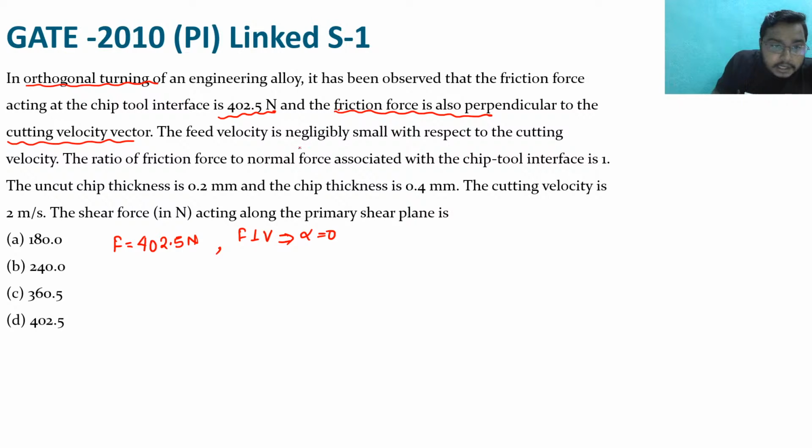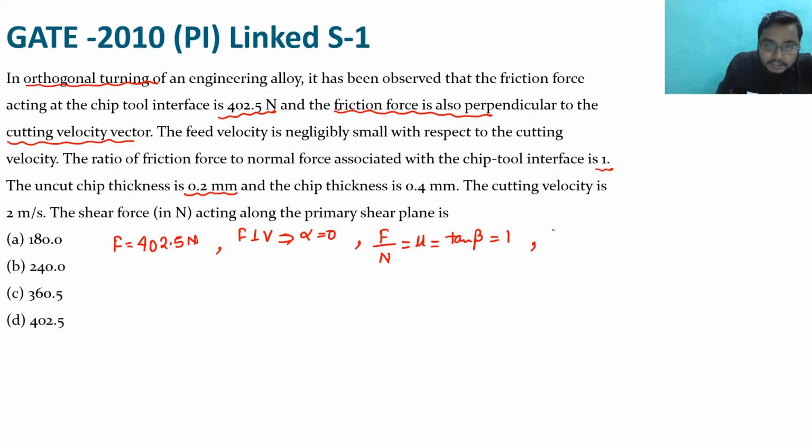Clear? Next, the feed velocity is negligibly small with respect to the cutting velocity. The ratio of friction force to the normal force associated with the chip tool interface is 1. So the ratio of friction force F to normal force N is defined as mu, which is tan beta, equal to 1. Clear? Next, the uncut chip thickness T is 0.2 mm.